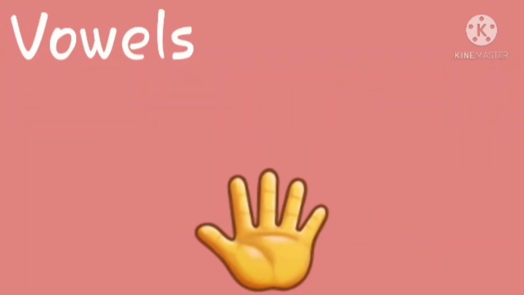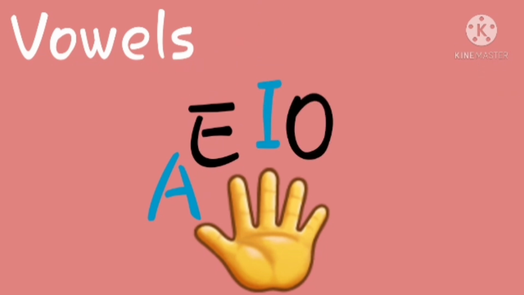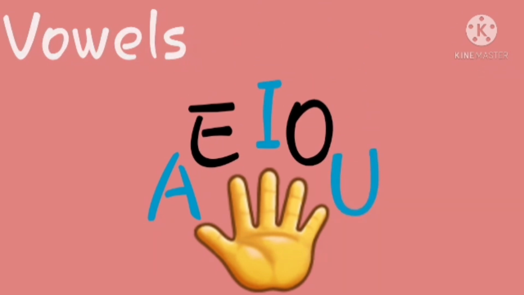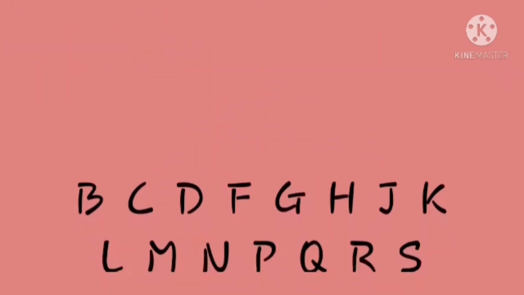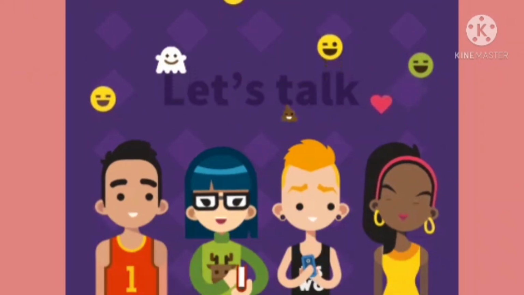Let's count them on our fingers. A, E, I, O, and U. Now, what are the rest of the alphabets called? Yes, they are consonants. Now, when we express our thoughts, we combine these alphabets to make words.